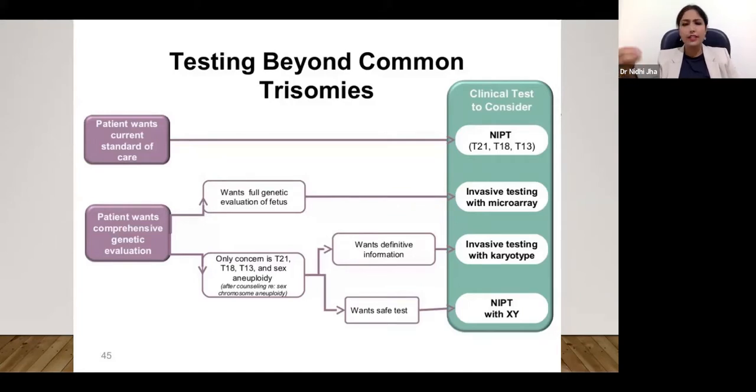Whenever they want to exclude a condition and want you to guarantee it, whenever a patient asks, doctor, can you guarantee me that I'll get a normal child by doing this, don't advise them NIPT, advise them invasive testing.